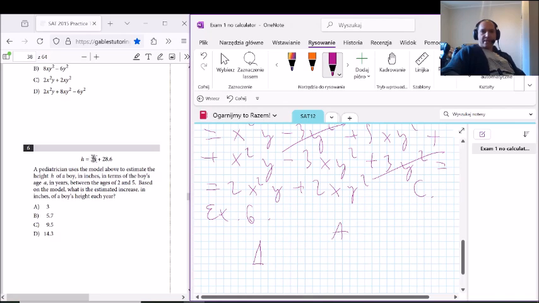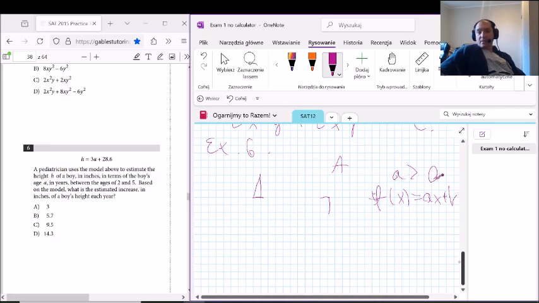If, for example, you have a linear function and the slope is a negative number, then it decreases by this number. Decreasing by a negative value would be increasing, but yes. If you have a function f of x equals a times x plus b, a linear function, and the slope a is bigger than 0, then the function increases by a for every change of 1 in the argument.